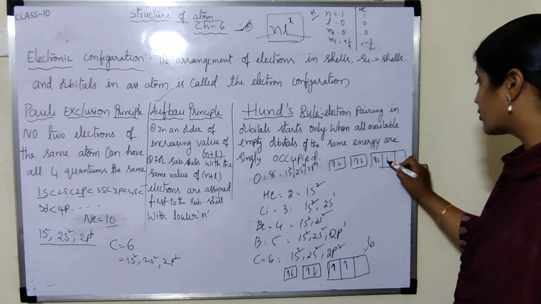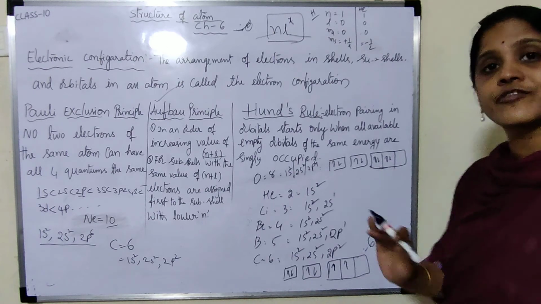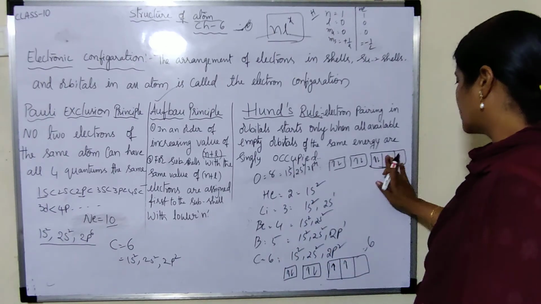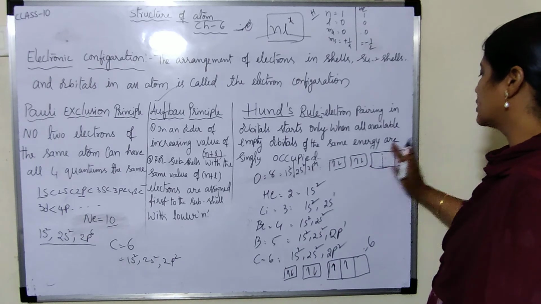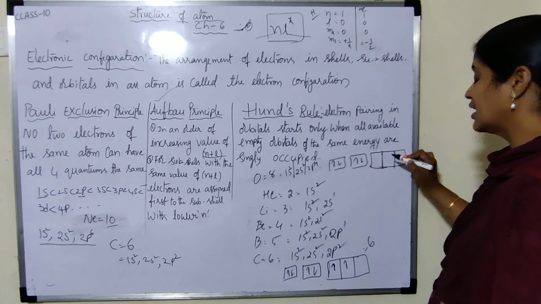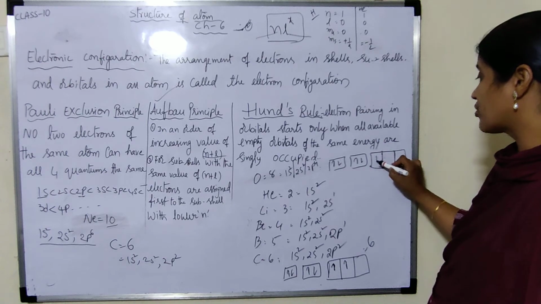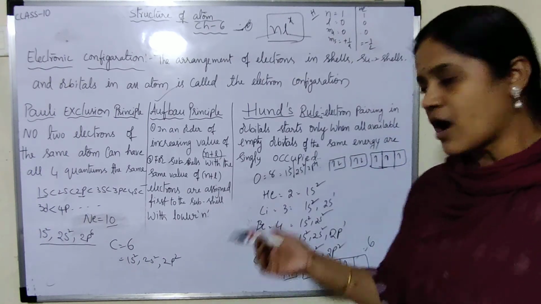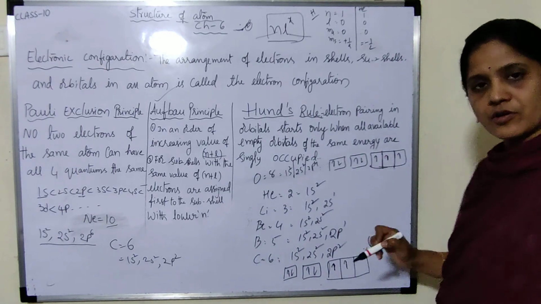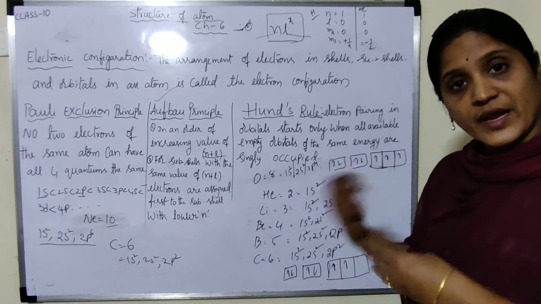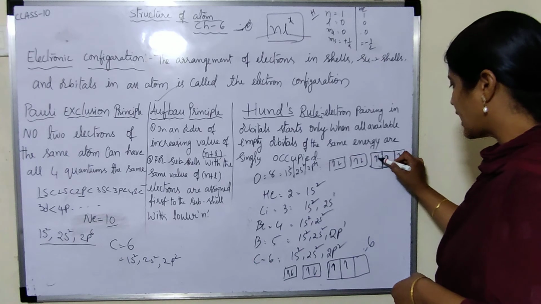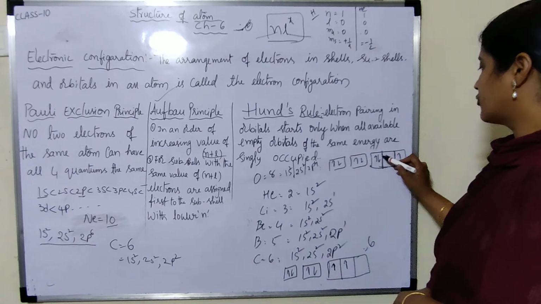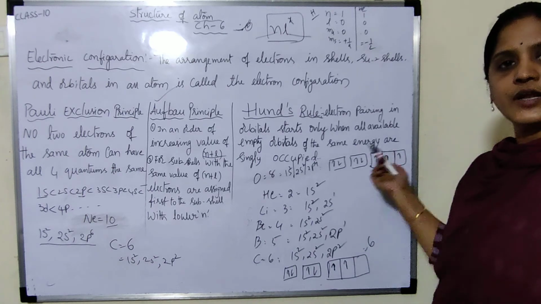The 2 electrons should not be filled like this in the same degenerate orbital. According to Hund's rule, first we have to fill each degenerate orbital with one electron of the same spin. After filling the degenerate orbitals, the next remaining electrons we make into pairs with the opposite spin. So the fourth one you have to fill like this.